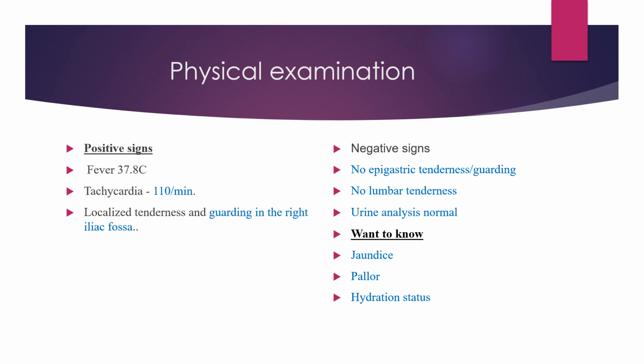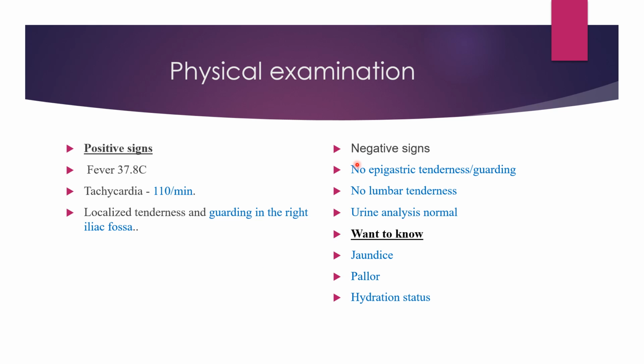Again, we summarize his physical findings under these 3 categories. First, the positive signs: he is febrile with a temperature of 37.8, tachycardia of 110 per minute, and there is localized tenderness and guarding in the right iliac fossa. These were the positive signs from the physical examination.